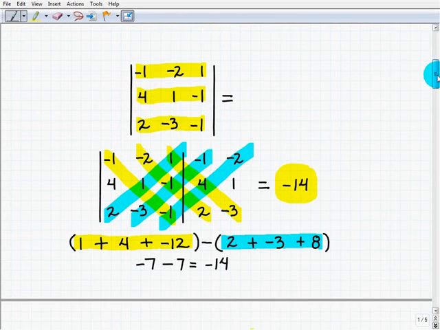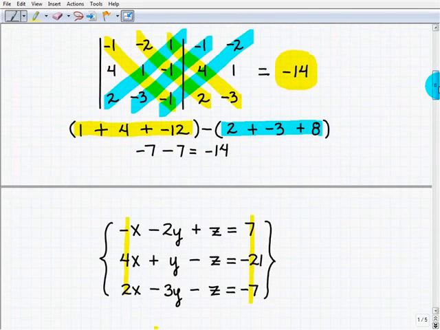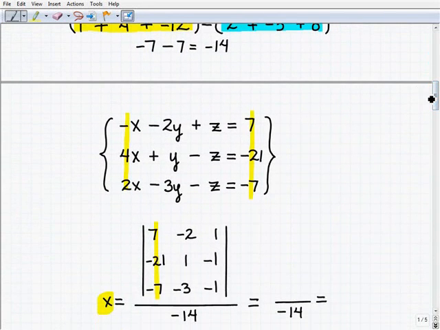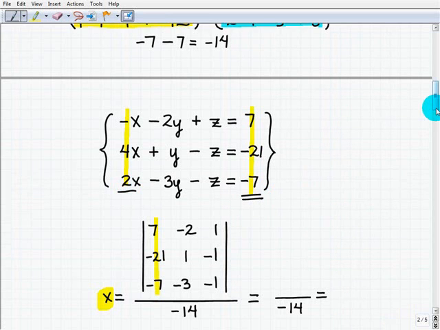Let's move down. Now here, just as we did with the 2x2 systems, when we want to solve for a particular variable, what we need to do is replace that variable's coefficients with the constants. This is why it's really important that you understand how to use Cramer's rule with 2x2 systems.